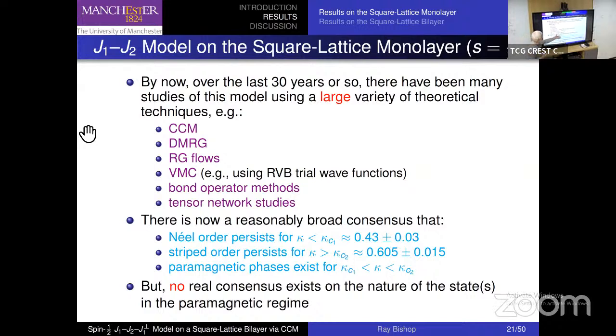Striped order exists for a value above about 0.60, and there's something else in between. There is no real consensus, even now, on the nature of the states in the paramagnetic regime, and nor does everybody agree with these two numbers. Even getting these numbers is a real coup.